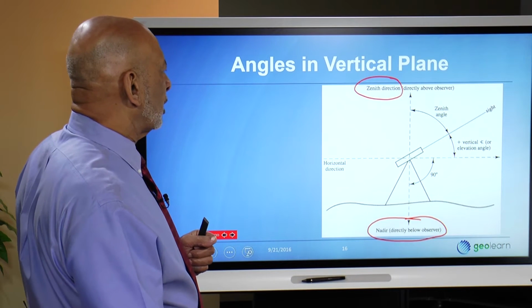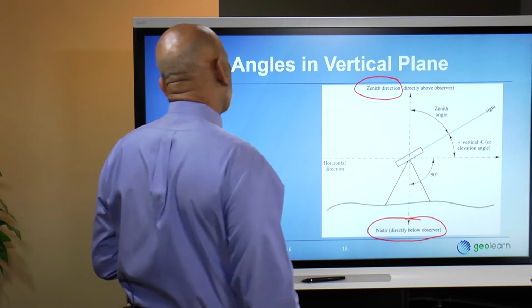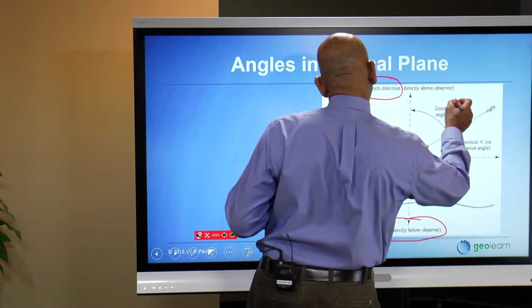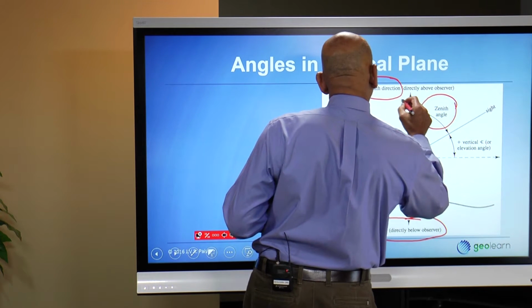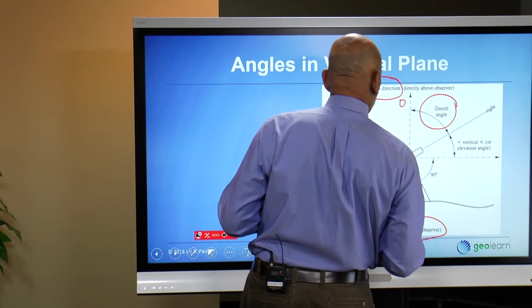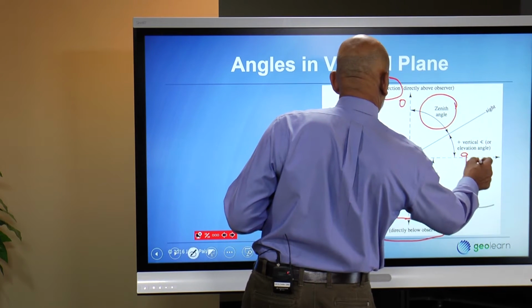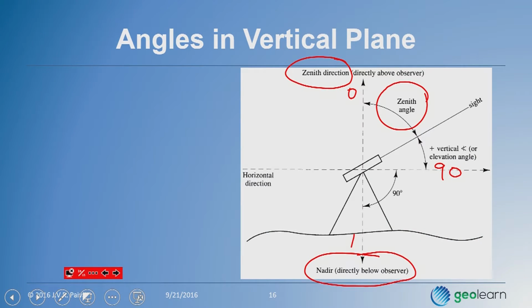And so you're measuring angles now in the vertical plane, and most instrumentation that you use today will actually give you what's called the zenith angle. So you read 0 degrees straight up, 90 degrees looking horizontally, 180 degrees if you were actually observing something directly below, which would be very unlikely. In fact, on most instrumentation that's impossible.